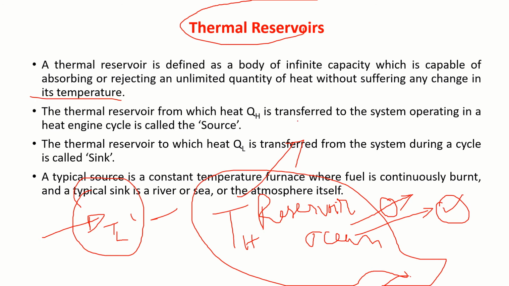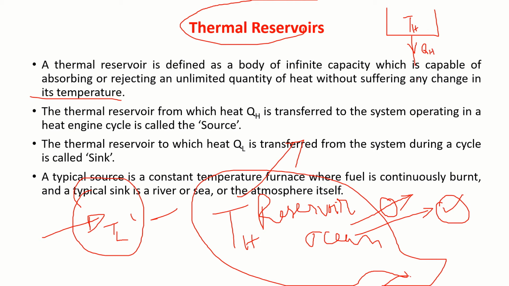The thermal reservoir from which heat QH is transferred to the system operating in a heat engine cycle is called a source. I represent it like this: TH, source. This is unlimited, so I take out the heat QH.